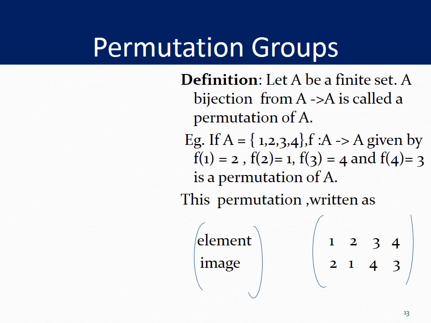Next, permutation group. A bijection map of A to A itself is known as a permutation of A. For example, if we take A equal to {1, 2, 3, 4}, then f from A to A given by f(1) = 2, f(2) = 1, f(3) = 4, f(4) = 3 is a permutation of A. Usually it is written in matrix form: the first row represents the elements, the second row the corresponding images.